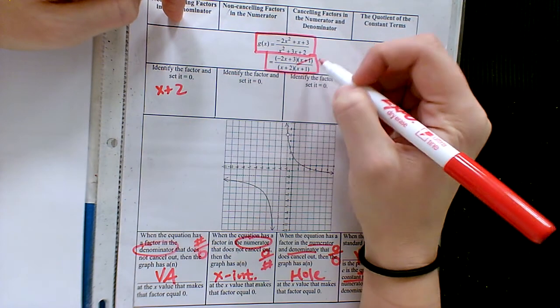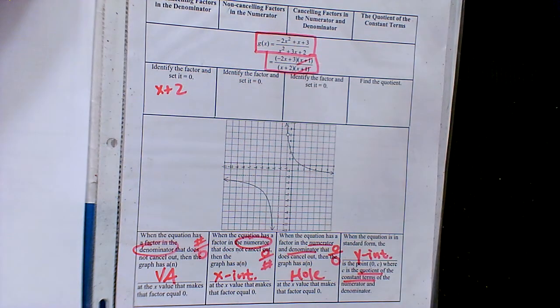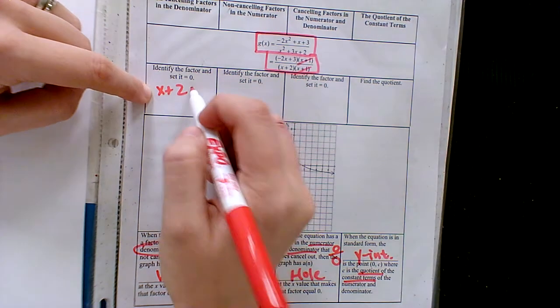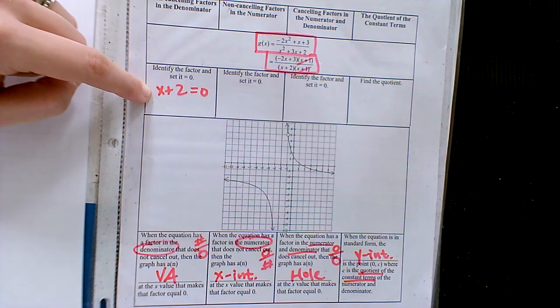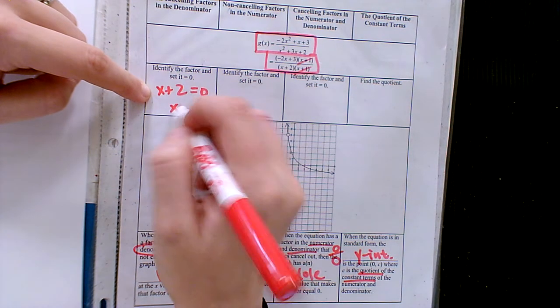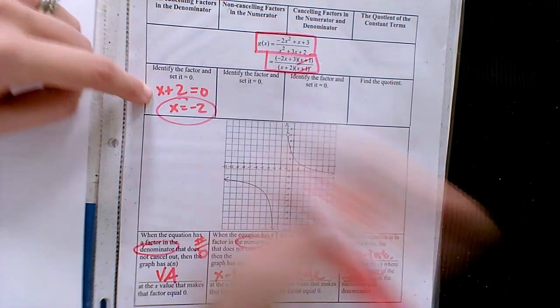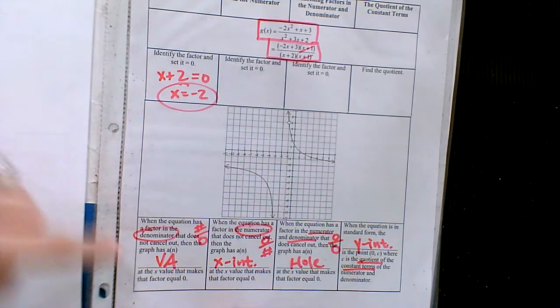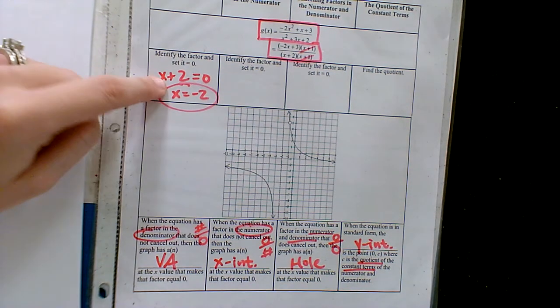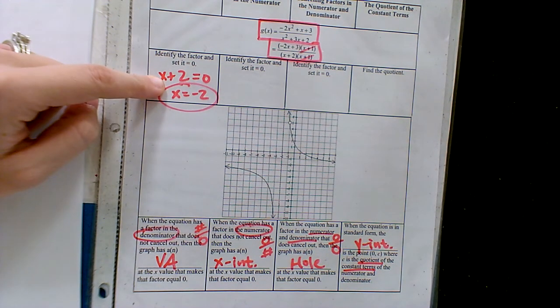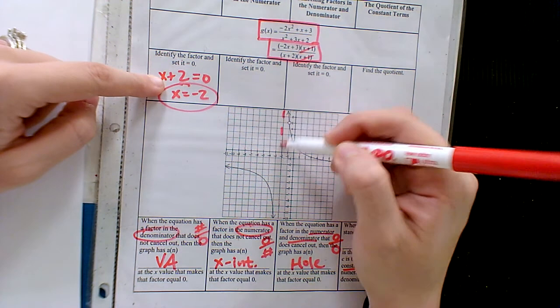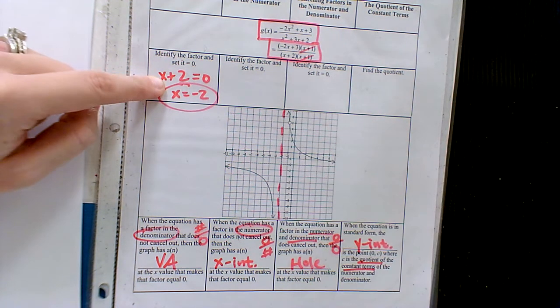Okay, so we can see how there's an x plus 1 up top and bottom. So those cancel. Left over is x plus 2. If we were to solve it, okay, find that factor's solution, we would get negative 2. So based off of what we said at the bottom, this negative 2 should be a vertical asymptote. And visually, that seems to check out. Okay, x value negative 2.